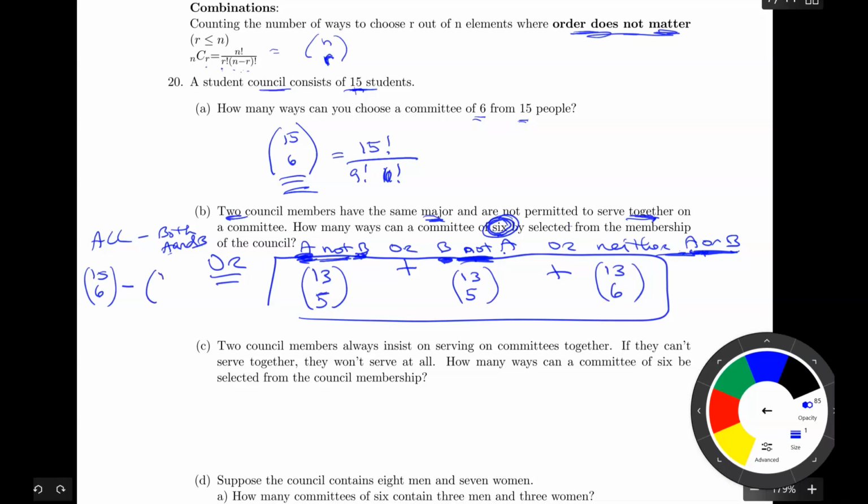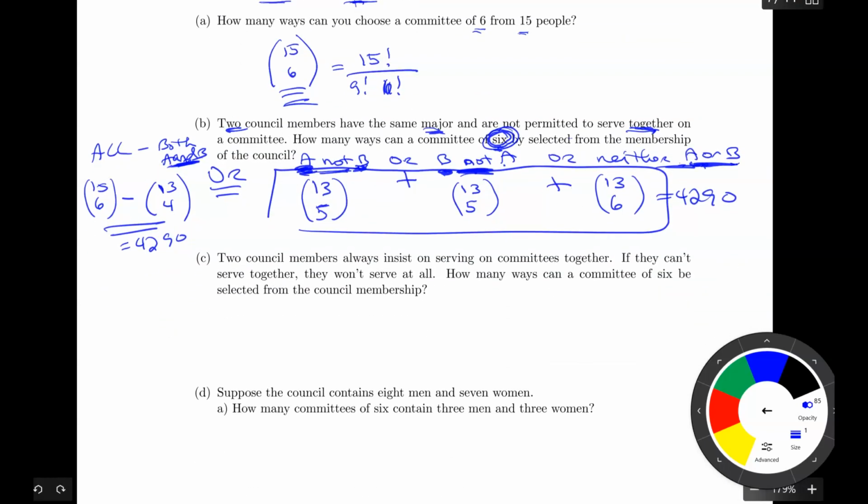So out of the 13 left to choose from, because I've chosen A and B already for my committee of 6, that means there's only 4 more to choose. So these two numbers turn out to be exactly the same. And I actually figured it out. So 4290. So every so often you can double check your work by computing it.